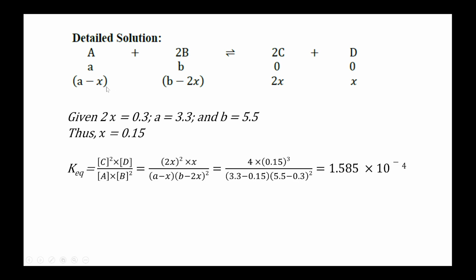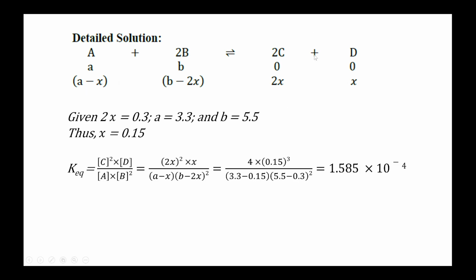Okay, so x moles of A is consumed at equilibrium. So 2x moles of B will be consumed. So B minus 2x. And the product also has 2 moles of C. So for each mole of A, we have 2 moles of C. So 0 plus 2x, and this will be 0 plus x, because 1 mole of A is giving 1 mole of D. So x moles of A will give x moles of D. Okay, so this will be the final concentration.